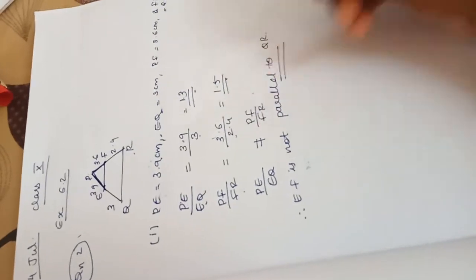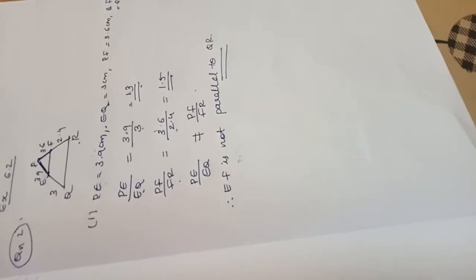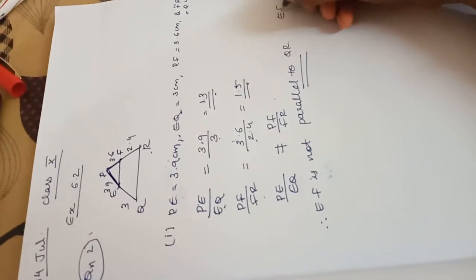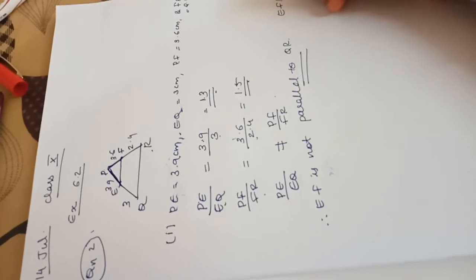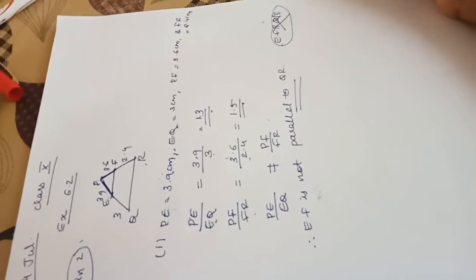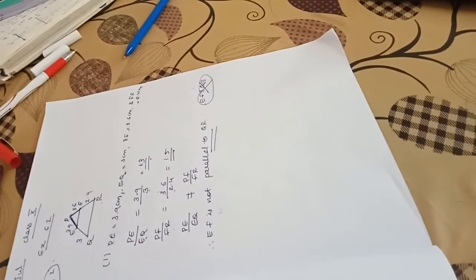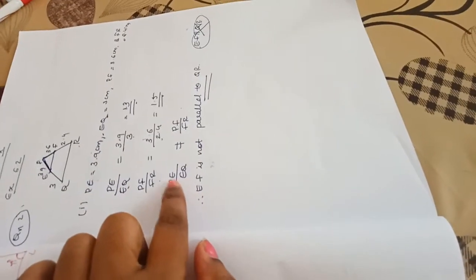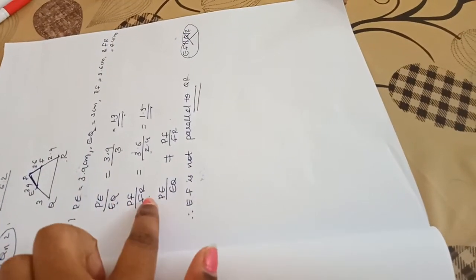This is the question: we have to state whether it is parallel to QR or not. So it is not parallel. So this statement is wrong. EF is not parallel to QR. If EF is parallel to QR, then it should satisfy the basic proportional theorem. These two answers should come the same, equal.